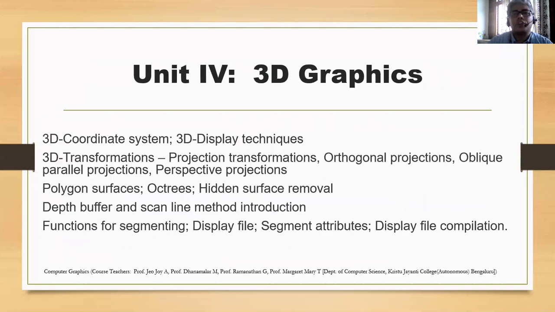Unit 4 deals with three-dimensional graphics, wherein students will be introduced to the 3D coordinate system, 3D transformations, polygon surfaces, depth buffer and scanline method, as well as functions for segmentation.